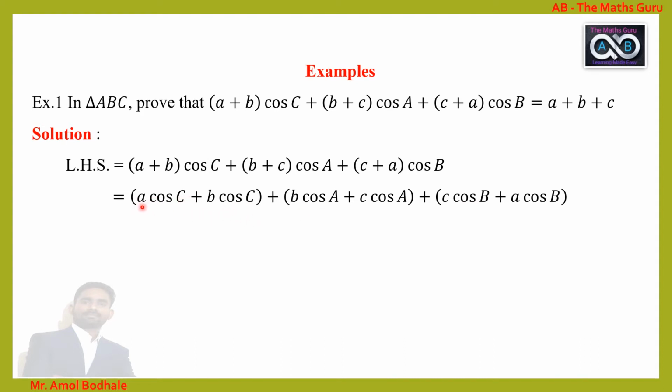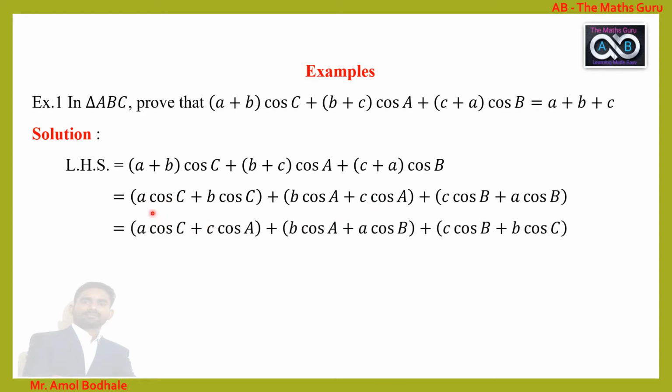Here the first term is a cos C. If we interchange the side a and angle C, the adjacent pair should be c cos A. So we'll arrange a cos C plus c cos A in one bracket.